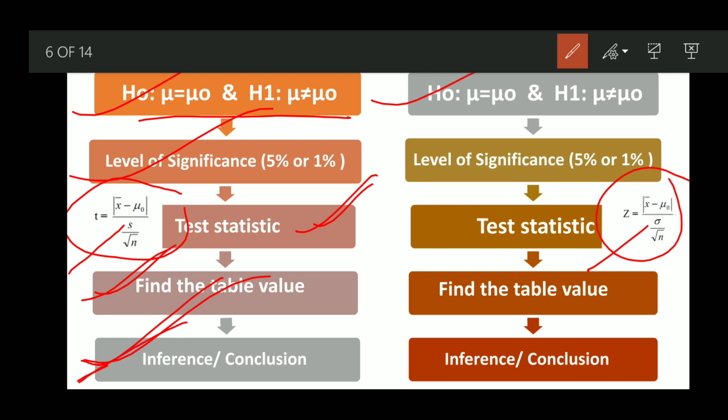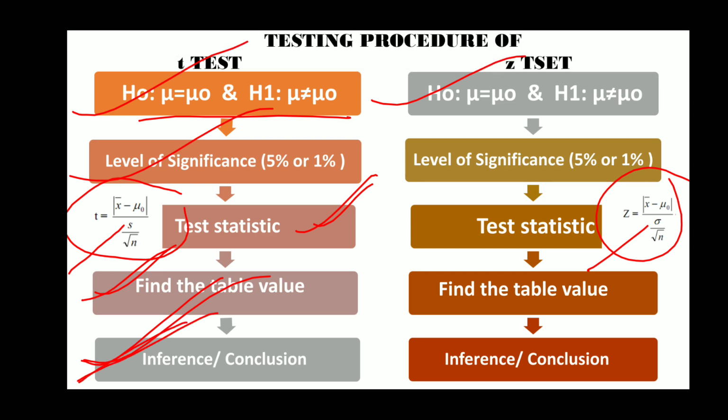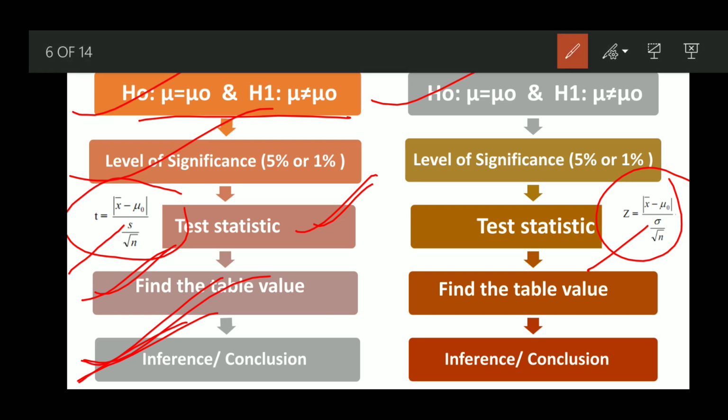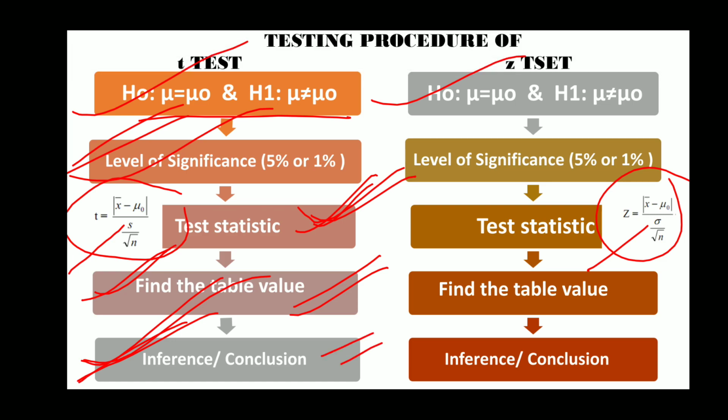Accordingly, we have to draw conclusion. This is all about the testing procedure. What are those steps? First, we need to formulate our null and alternative hypothesis, then level of significance, then your test statistic, then we have to find the table value, and finally we have to draw conclusion.